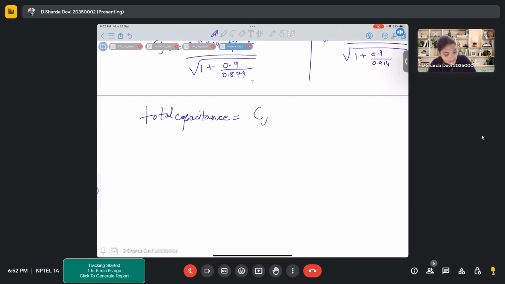It is C junction into area, and you'll get capacitance in farad. That is in farad per centimeter square, so you should write your area in centimeter squares. Now, let's see how you will write the areas, like what dimensions will come in the junction capacitance.